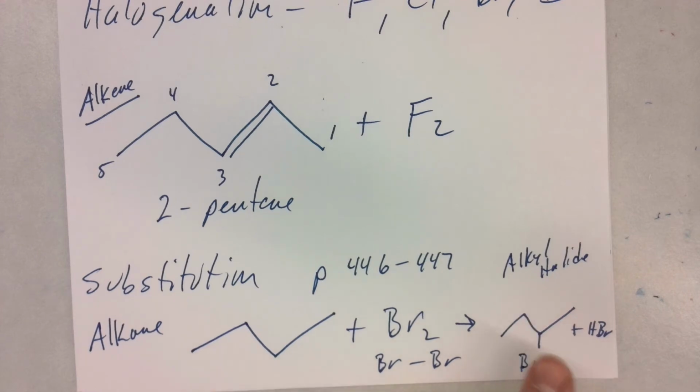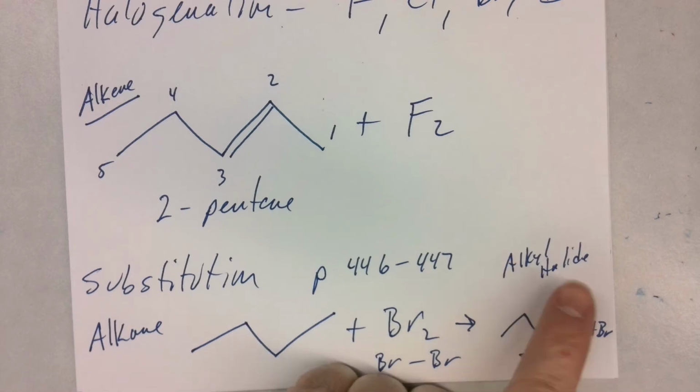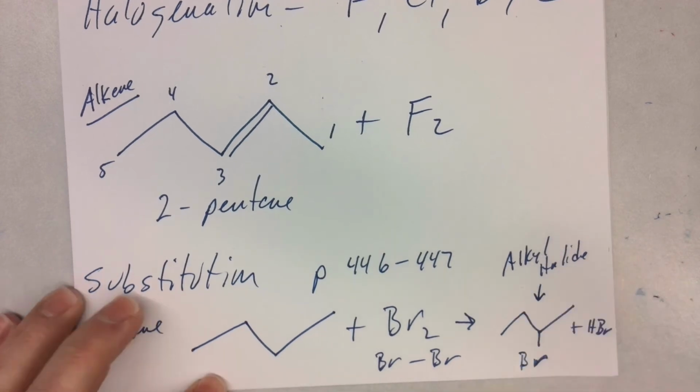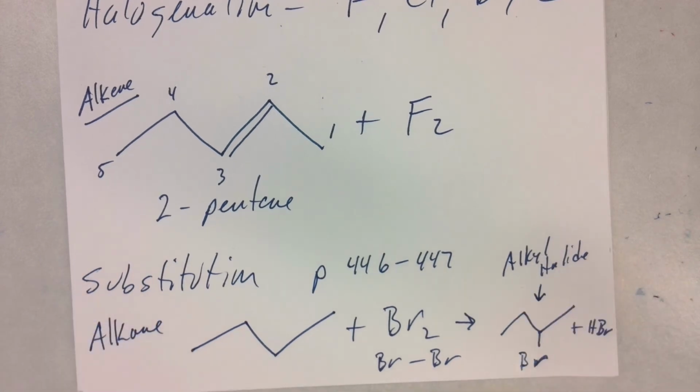Was that you, Sierra? Yes, it was. Okay, well, an alkyl halide, if you recall, was one of those things we did talk about last chapter. When I put those halides in, it is called an alkyl halide now. That's just one of those things. It just results from halogenation.